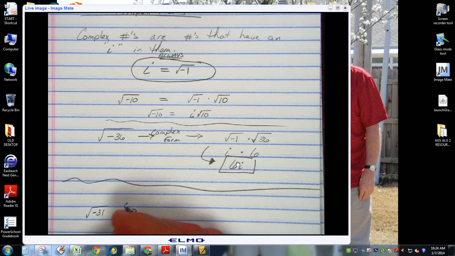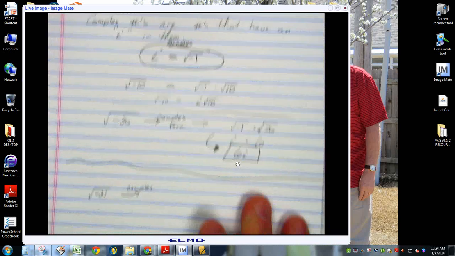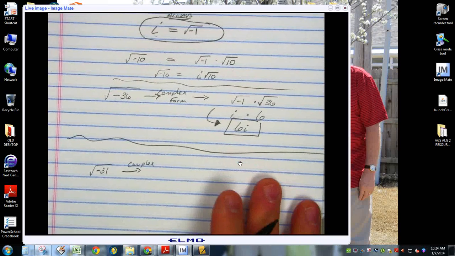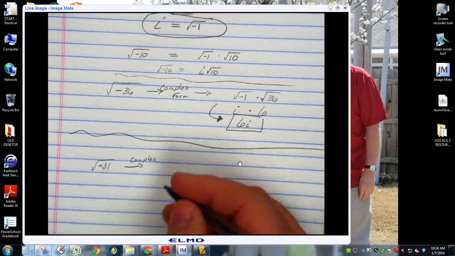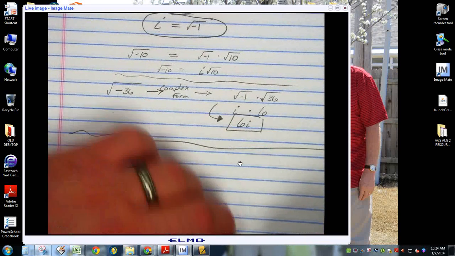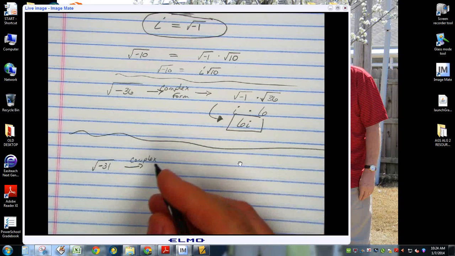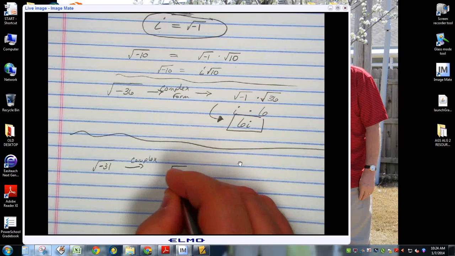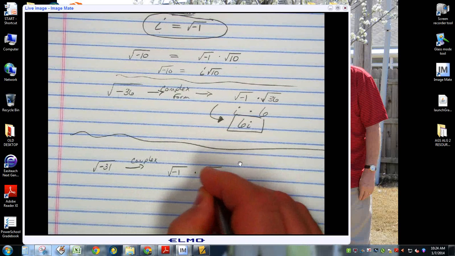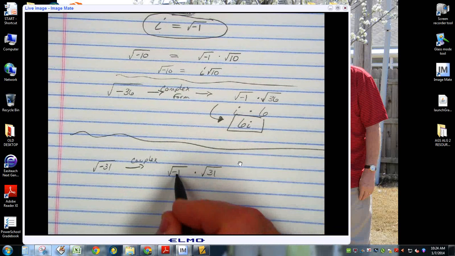Let's make that complex. The square root of -31. How am I going to get rid of the negative first? Anybody? What do I do? The square root of -1 times the square root of 31. What do I make that into?